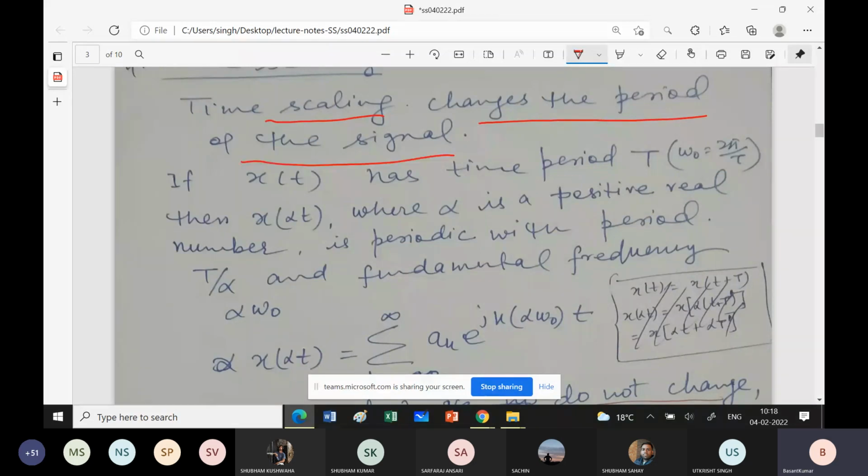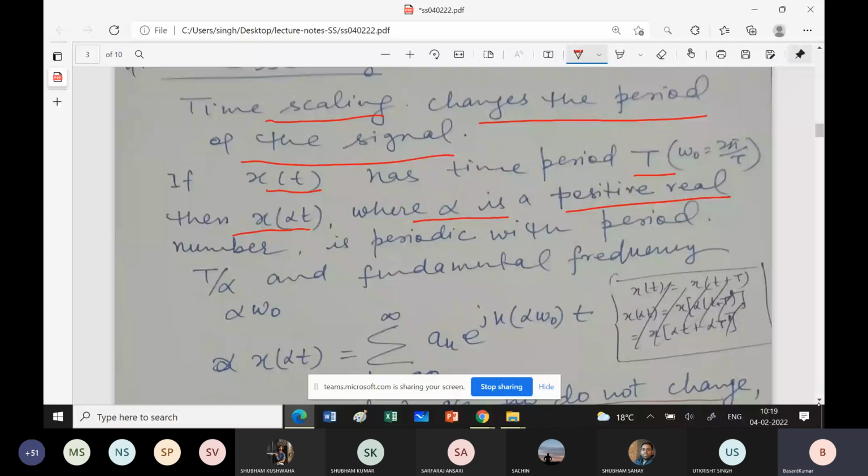And xt has a time period. Suppose xt is some signal that has a time period t. Now we have a signal x alpha t. Alpha is the scaling that you have done, where alpha is a positive real number. It is also periodic with a period.